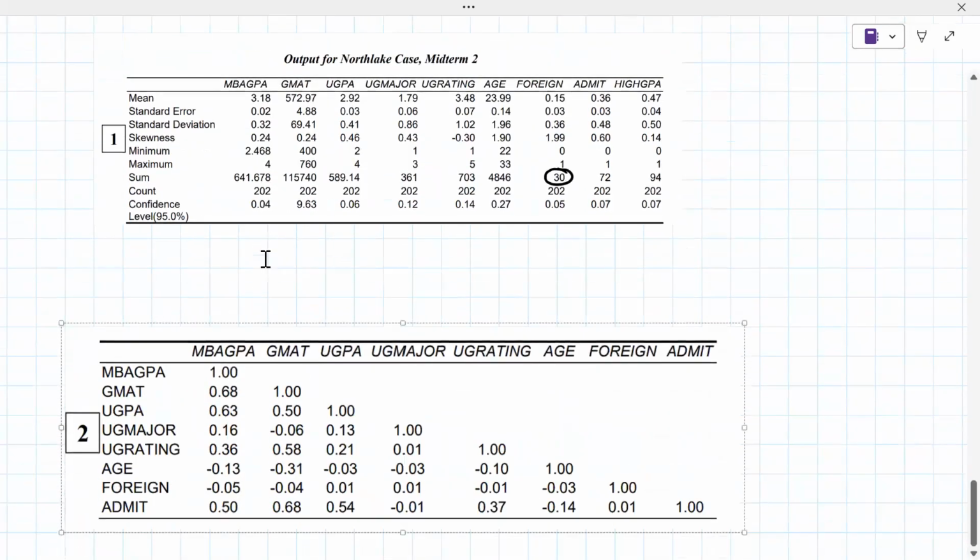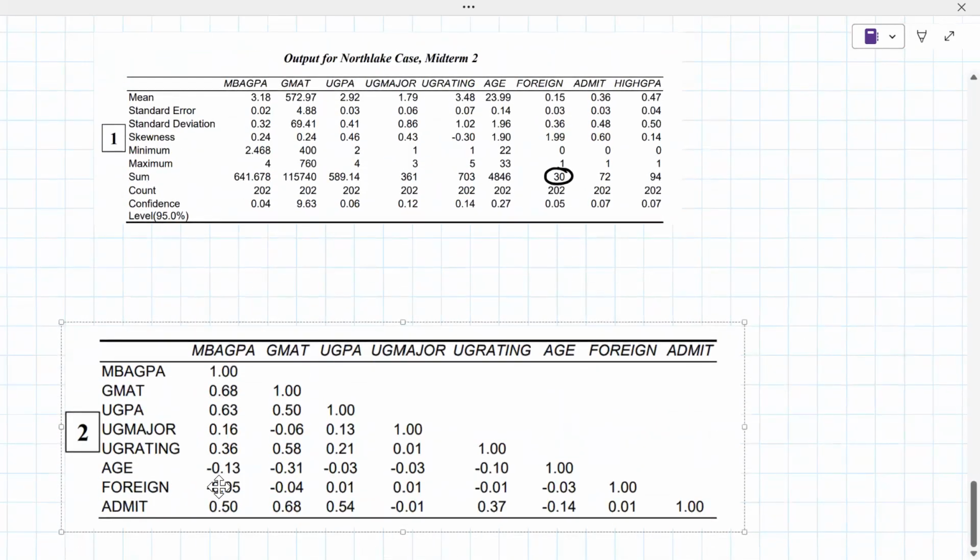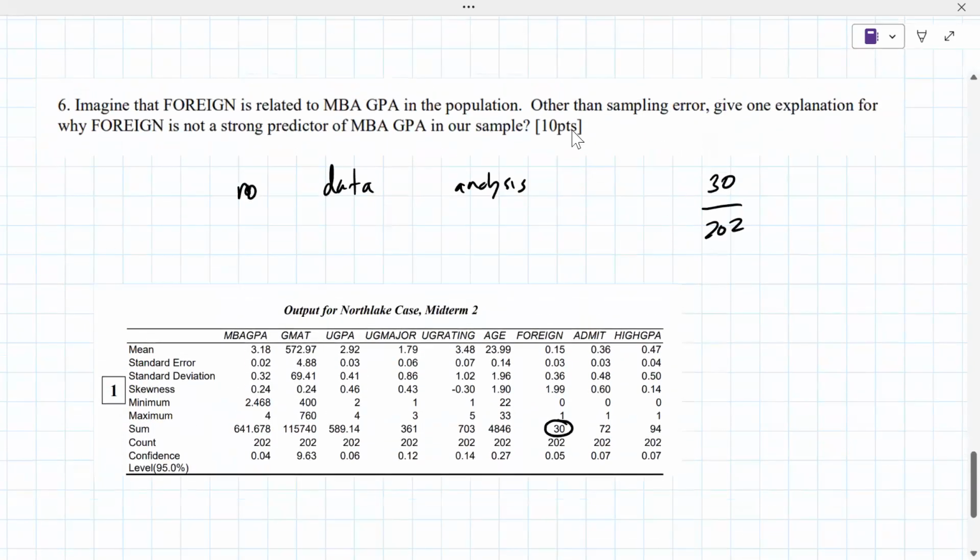I would be inclined to put that foreign is not a significant variable toward GPA. Then what they're really asking is, why? That's where you might say something about the small sample size, or that there are other factors that are a better predictor of MBA GPA.